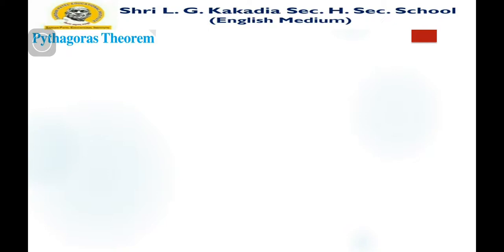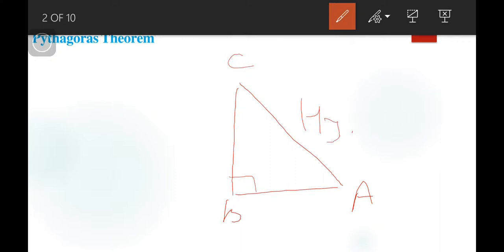As we know, there is given a right triangle ABC, right angle at B, and AC is the hypotenuse. Pythagoras gave one relation between the three sides, that is AC square, the hypotenuse square, is equal to AB square plus BC square.